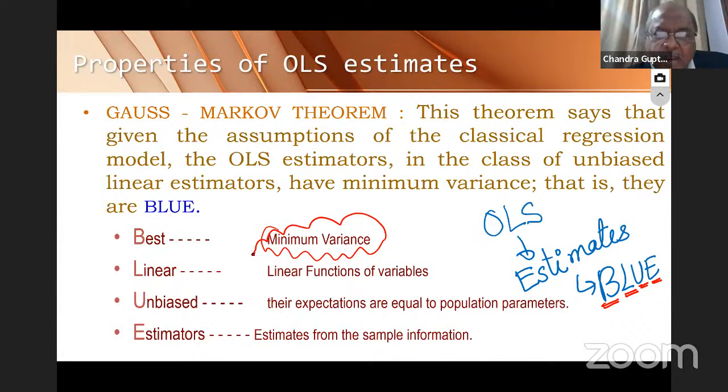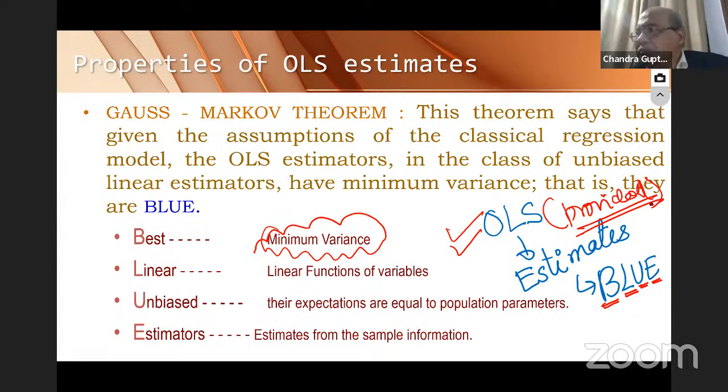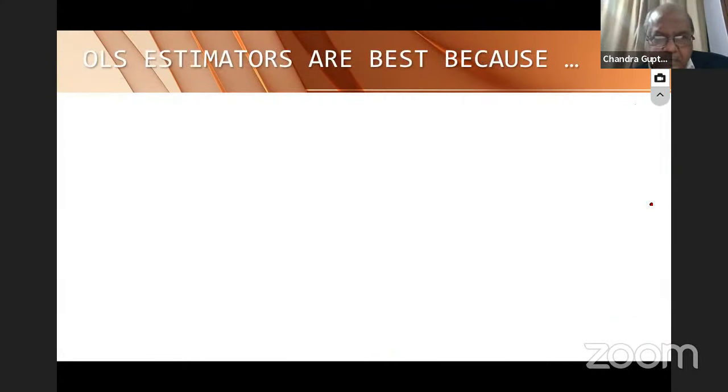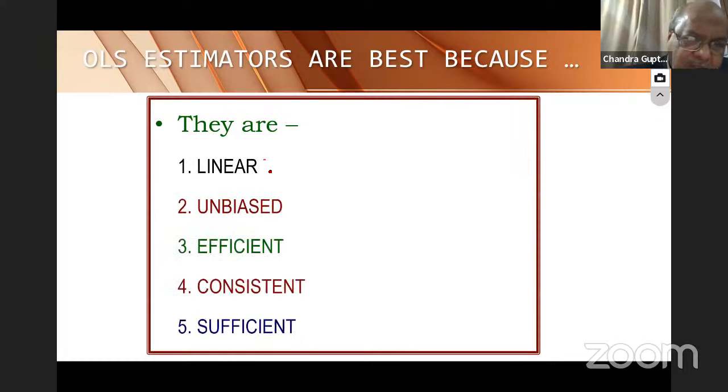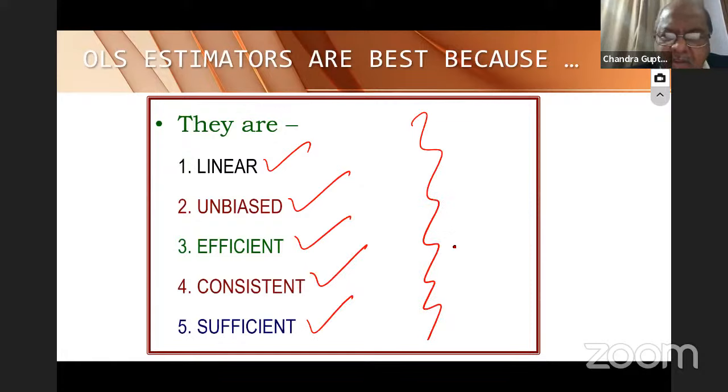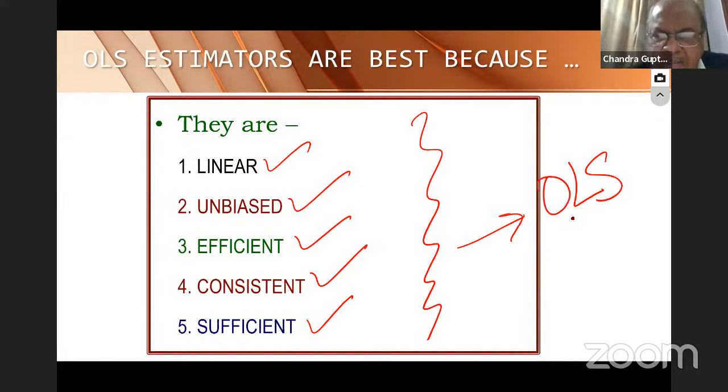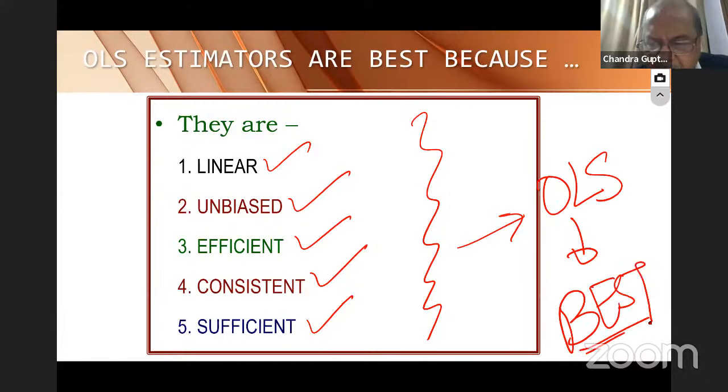Therefore, given a choice, we always prefer OLS, provided all the assumptions of the model are true. They are linear, unbiased, efficient, consistent, and sufficient. And that's why we say OLS estimates are best estimates.